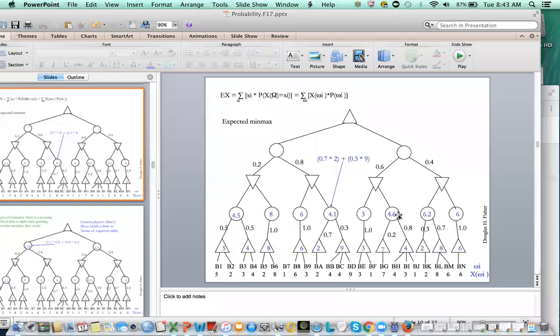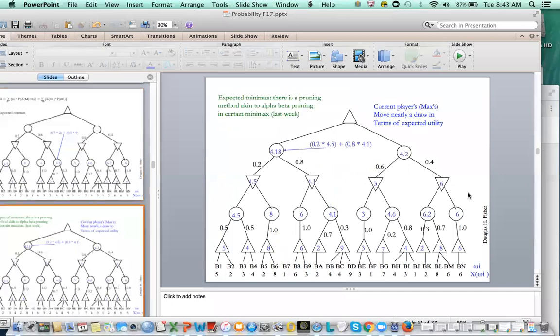These are the expected values of those nodes, and as you might guess, the minimizing player is going to choose the least of those expected values. So the minimizing player, the next level up, would choose 4.5 rather than 8, would choose 4.1 rather than 6. And you can follow that across.